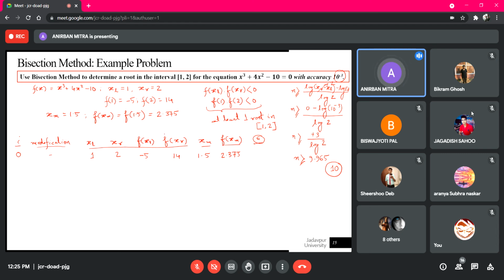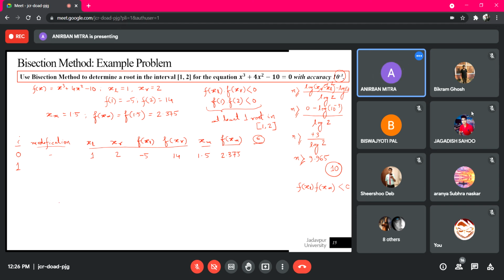So now what changes are to be made? If we move on to the next, we need to consider this: f of xl multiplied by f of xm is less than 0. If we consider this logical condition, then we see that this is indeed less than 0. That means we will get rid of the right hand side. We'll move the right hand side.